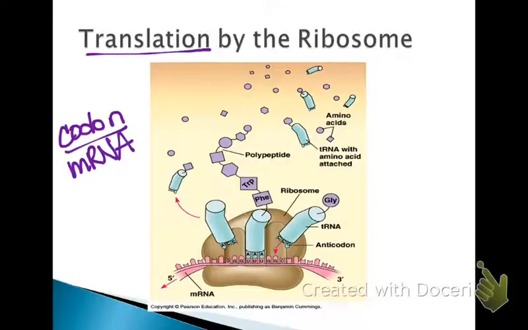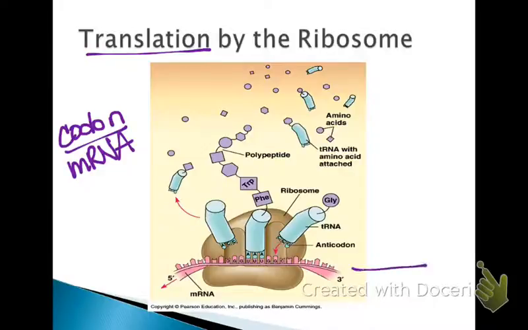The way that happens is on the ribosome. The messenger RNA is going to leave the nucleus and go out to the ribosome, and it's going to take on that primary structure form, a single file line of amino acids that are needed for making that protein.